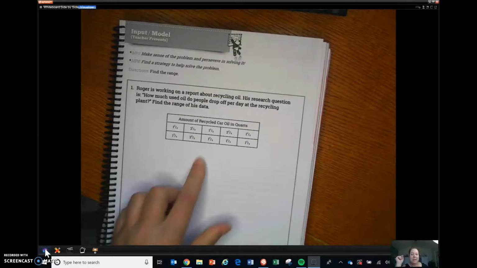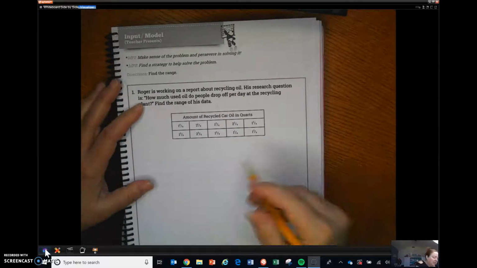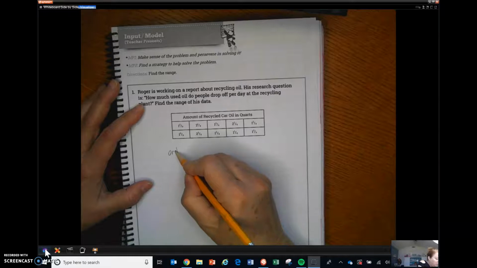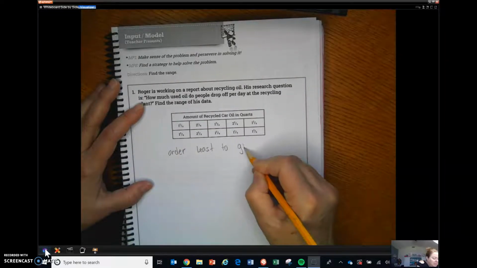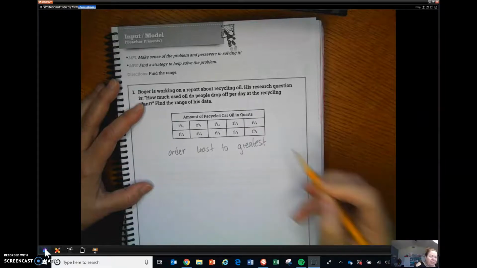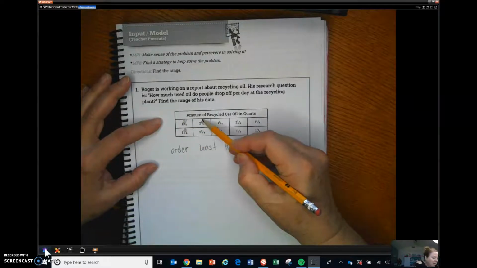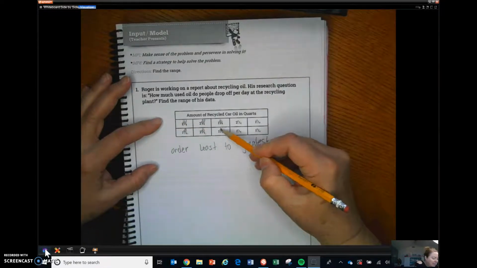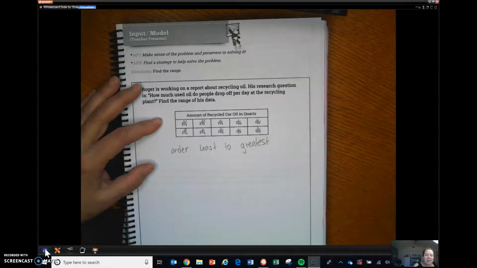We're still working on those same problems that we did in, I think, the first or second lesson. So your first step is always to put it in order from least to greatest. And because I don't feel like messing with these fractions, we're going to take them off for this because I want you to understand the concept of range.